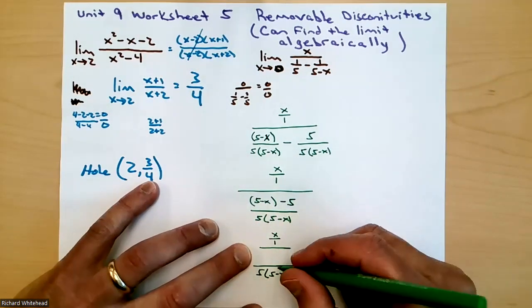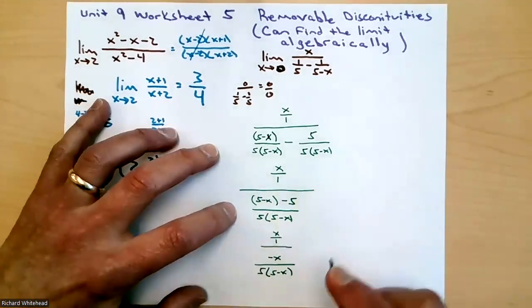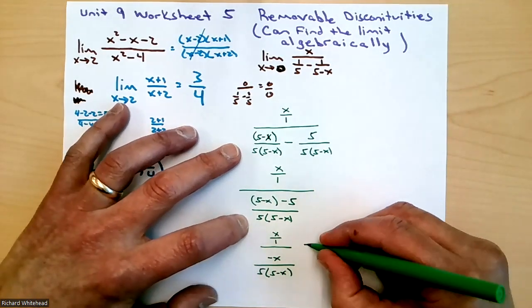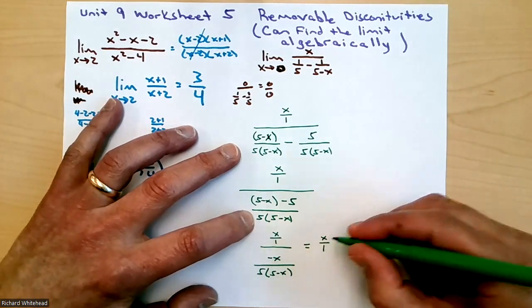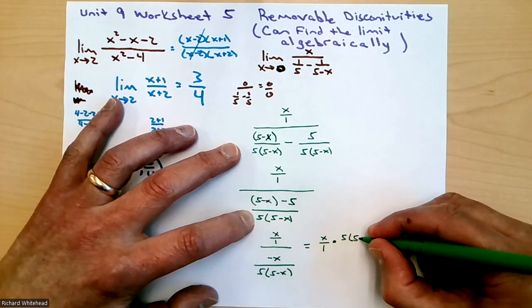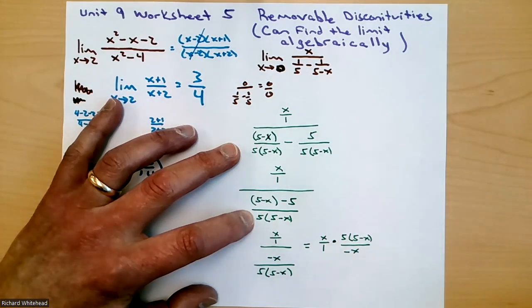Oh, so the 5's cancel. It just leaves negative x. So now finally, we've got 1 fraction over 1 fraction. So we think back to our Algebra 1 days, or Algebra 2 days. Now I can multiply by the reciprocal of the divisor.